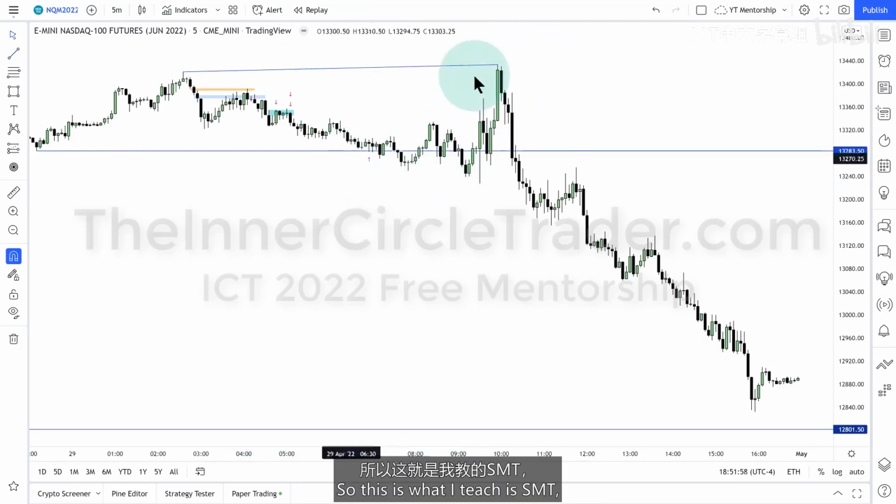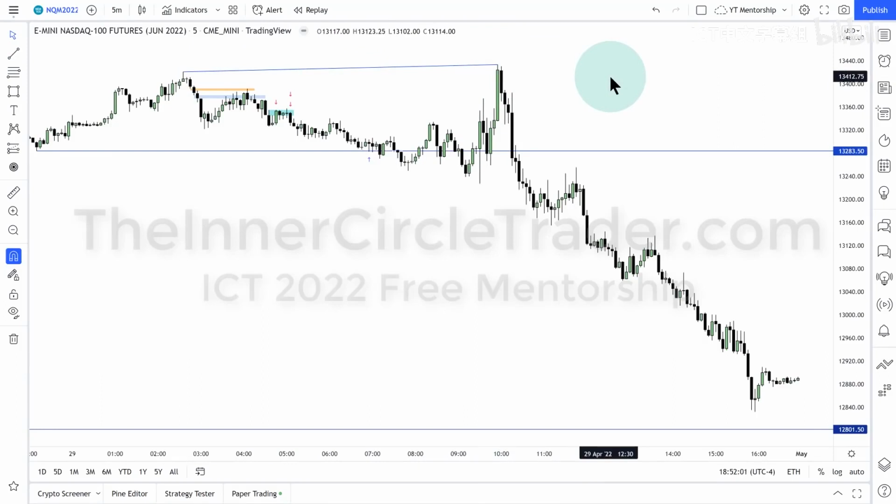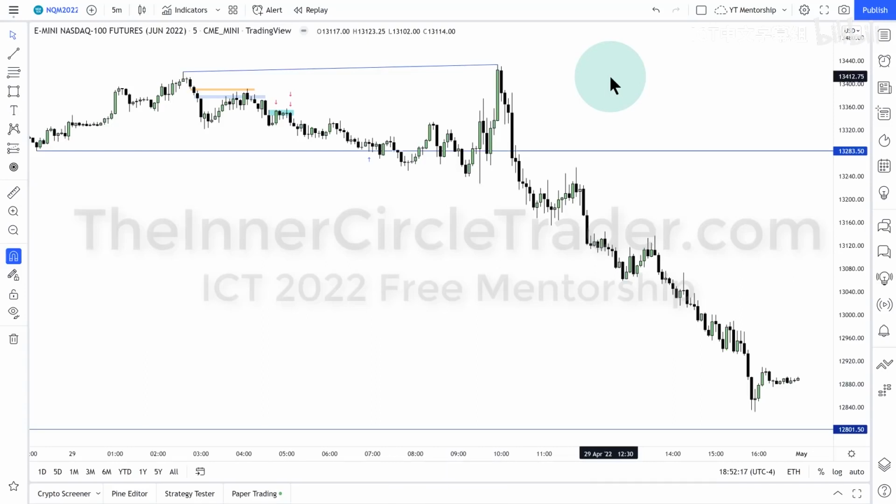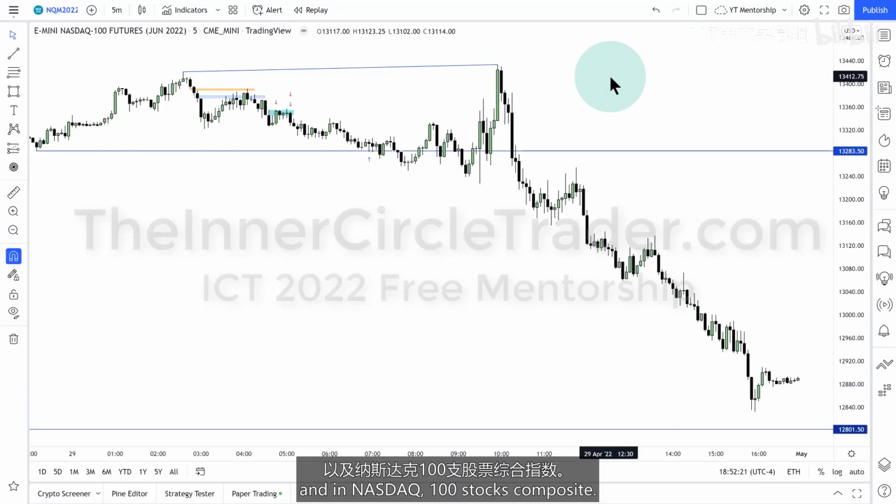So this is what I teach as SMT, okay? It's showing a willingness to crack the correlation between like markets. These are closely correlated assets. The S&P 500 stocks composite and the NASDAQ 100 stocks composite.